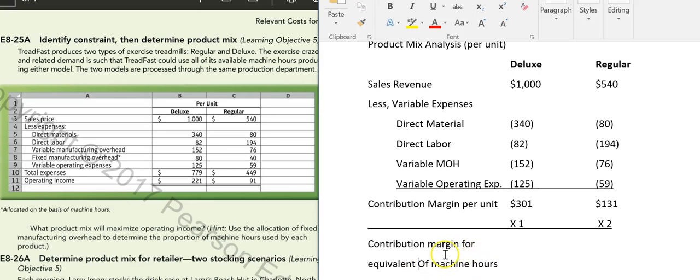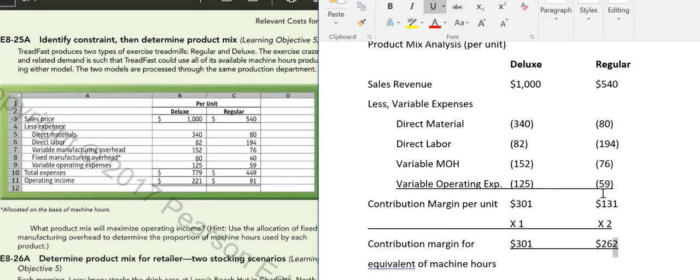For the deluxe one, we have a contribution margin of $301, whereas by using the same machine hours, we can produce double the regular one. So we multiply its contribution margin, which gives $262.